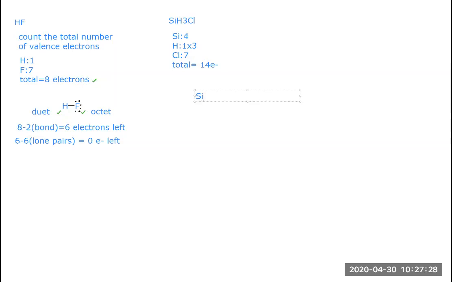Then you place, around an atom, there are typically 4 sides. And so you place the other atoms on the 4 sides around the central atom, which is silicon here. So let's place hydrogen on top, above, I said. Here, hydrogen, another one below, hydrogen, another one on the left side.